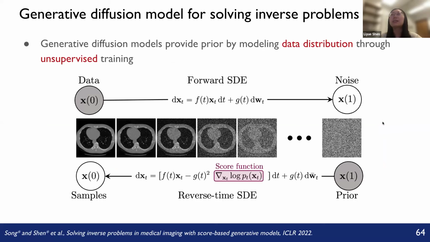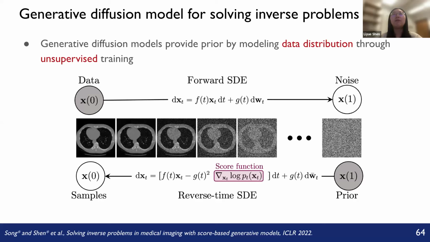What that means is that we can also use this kind of score-based generative model to capture the distribution of different CT images, for example, across different patients. So this can give us a strong data-driven prior of what a CT image should look like across different patients, given the distributions that were used to train the model.